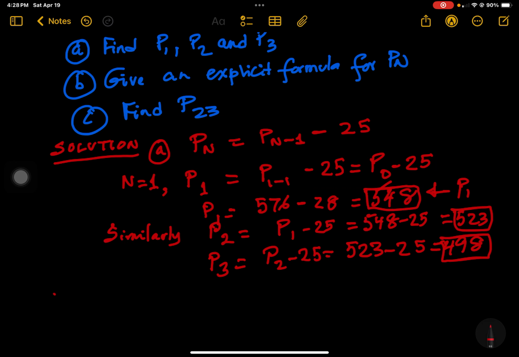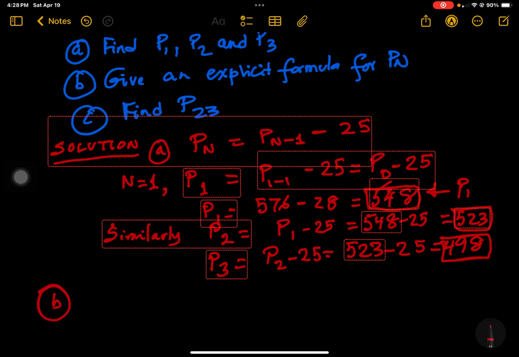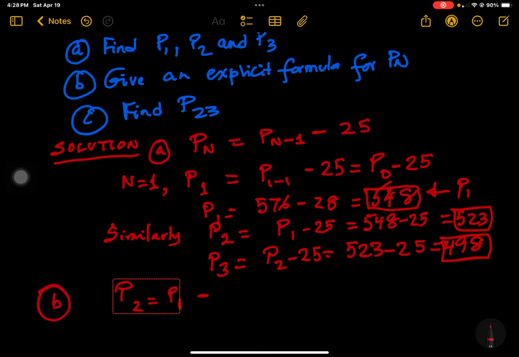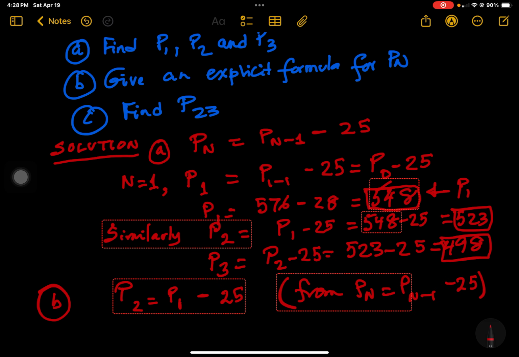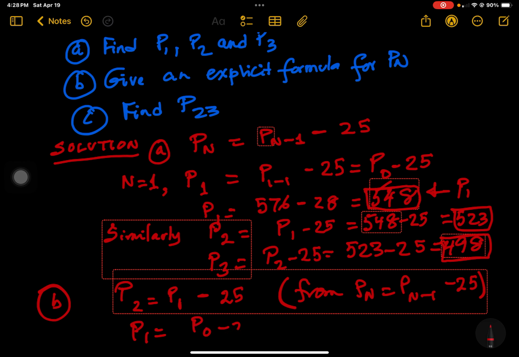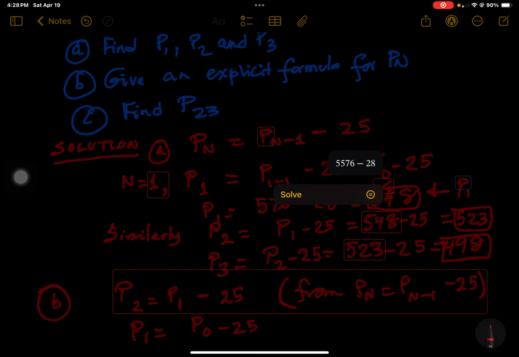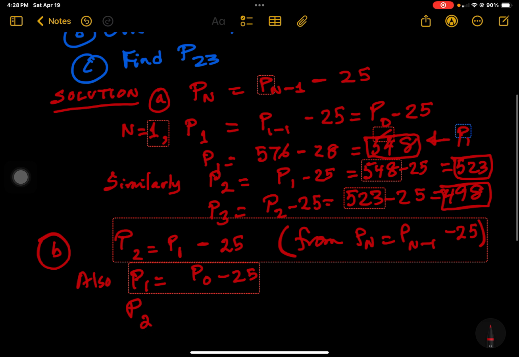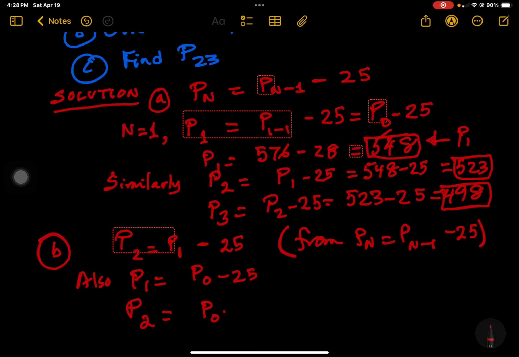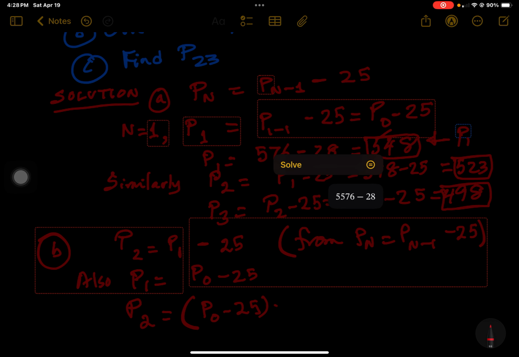So let's do part B. So we all know P2 is equal to P1 minus 25, coming from Pn equal to Pn minus 1 minus 25. Now P1 is also equal to P0 minus 25.